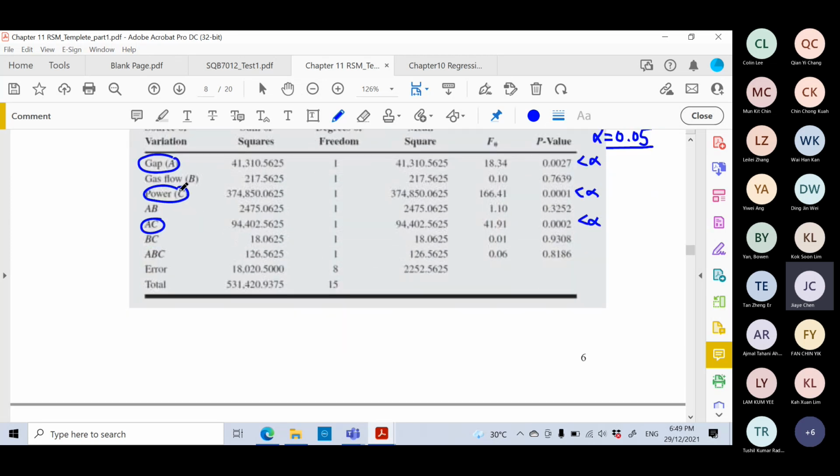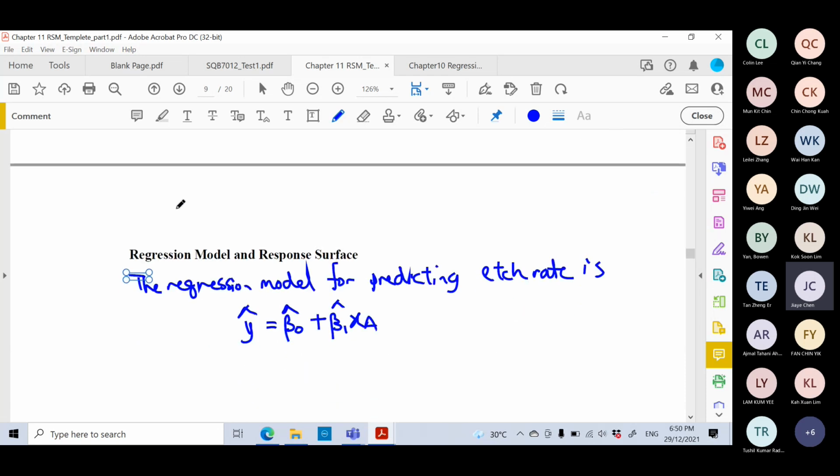After that we have C and AC, so plus beta 2 hat xC plus beta 3 hat xA xC. So this one is your fitted equation.